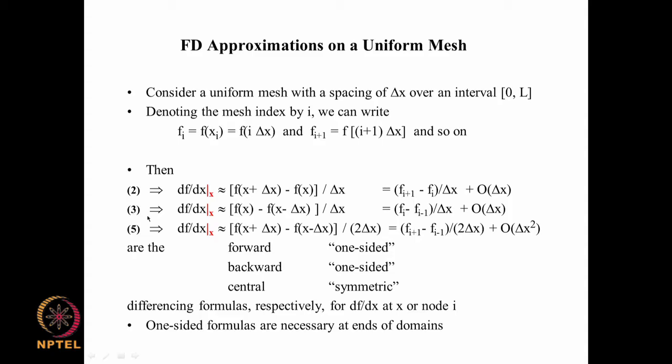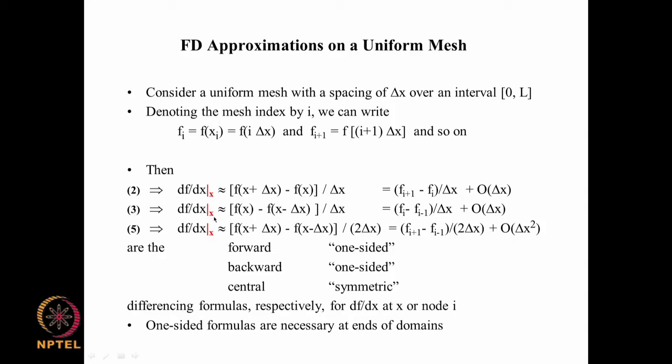Similarly, from the third equation, where we expanded f of x minus delta x, we got another approximation for df by dx as f of I minus f of I minus 1 by delta x, plus again terms of the order of delta x are the ones that are neglected. So the neglected part is known as the truncation error. The leading term of the truncation error, the magnitude of that varies as delta x, and that is what is denoted here as the order of accuracy of the approximation.